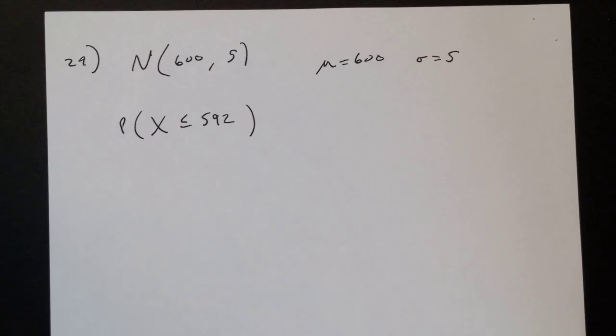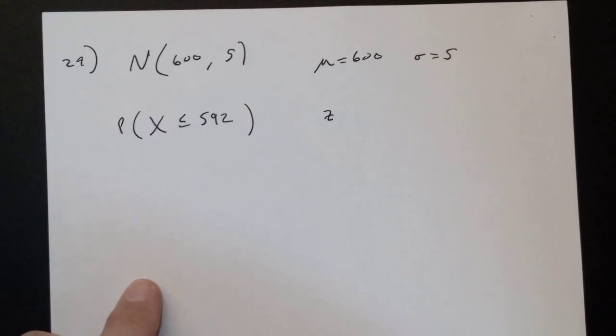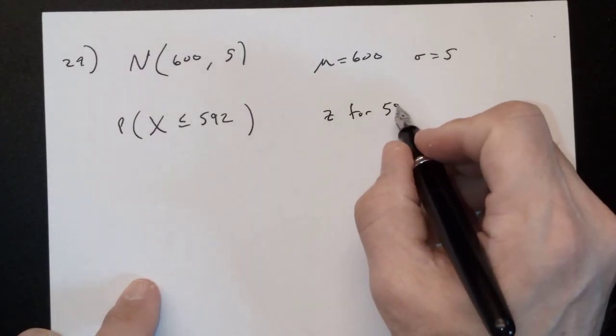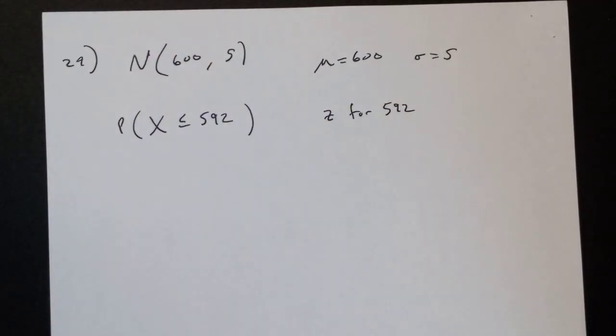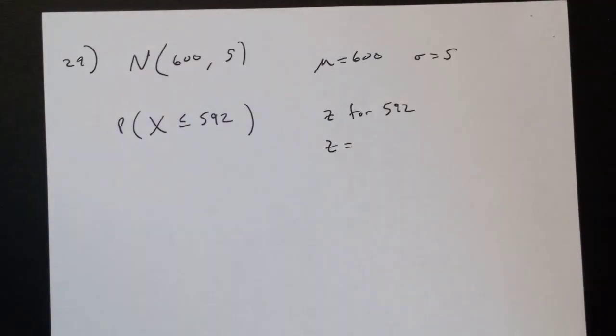Again, there are a number of different ways to compute this. But the way I'm going to think about it is what I really need is a z-score for 592. So what is that z-score?